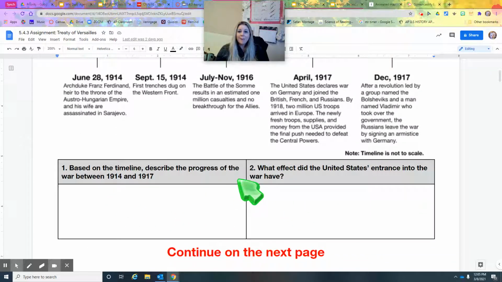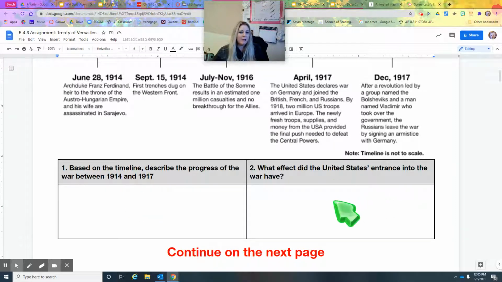Question number 1, based on the timeline, describe the progress of the war between 1914 and 1917. So for this question, you are going to have to summarize what it was like at the beginning and what it was like at the end, right before American soldiers showed up.